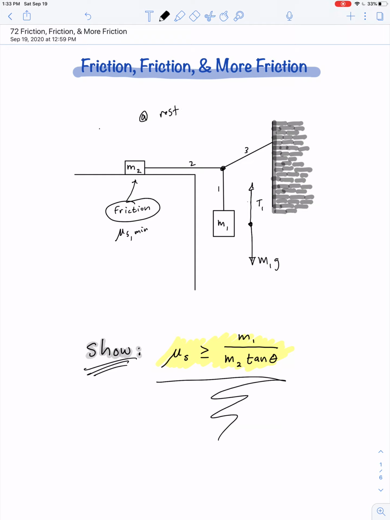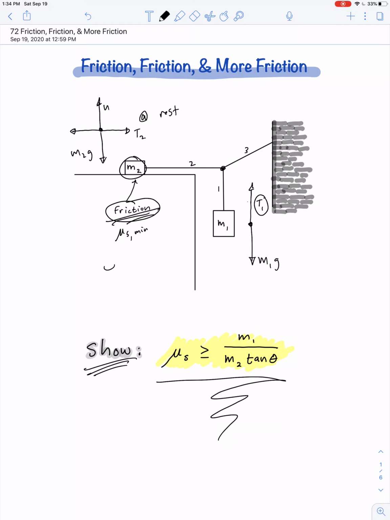So I'll make a free body diagram for block number 2. There's a normal force pushing up. M2G pulls down. There's a tension pulling to the right, and that tension isn't necessarily the same as this tension, so we'll label these tension 1 and tension 2. And then there has to be some force back to the left to maintain equilibrium, and that, of course, is this force of friction.